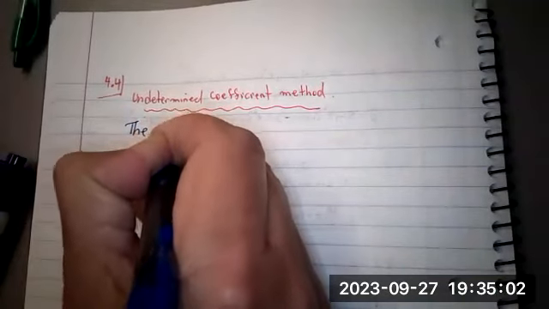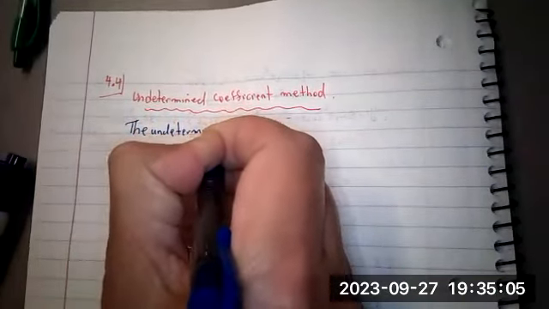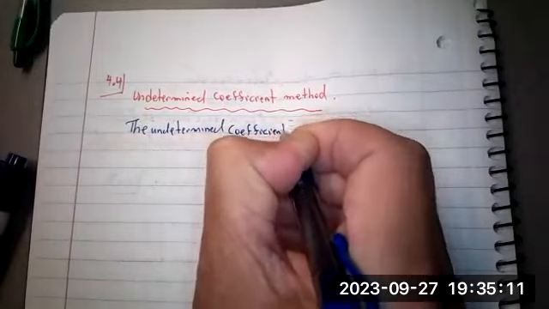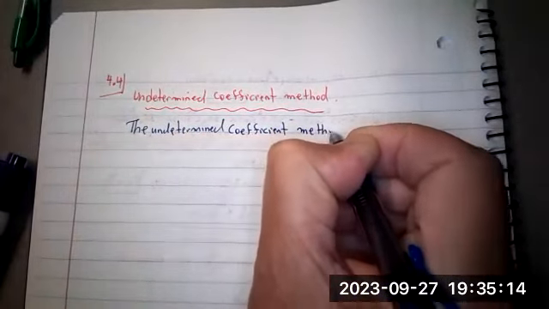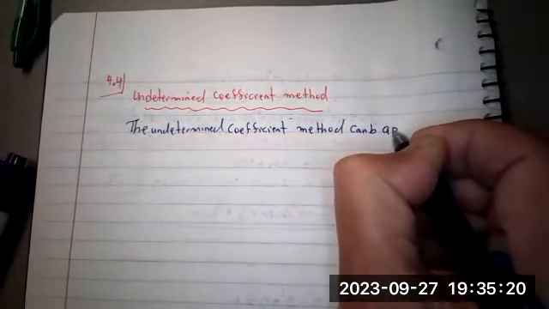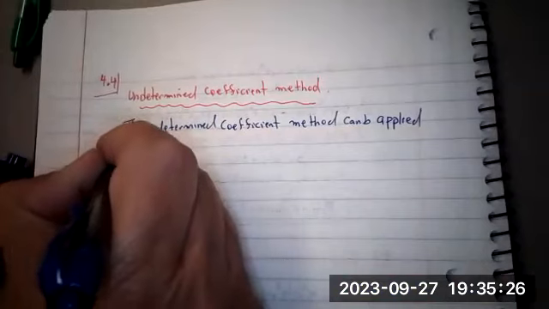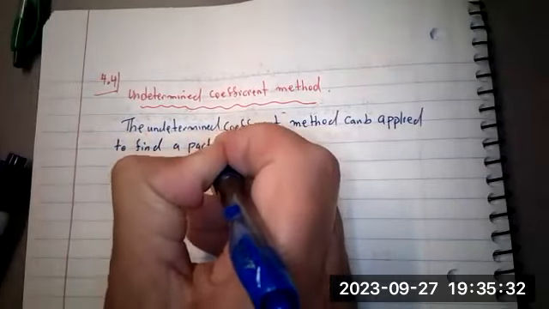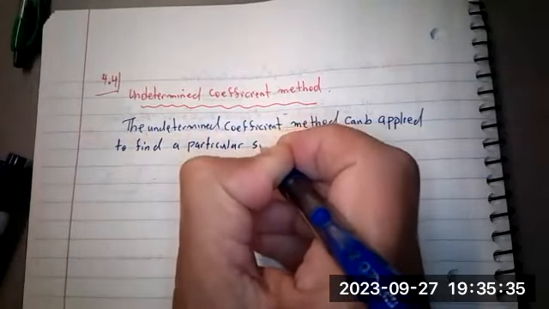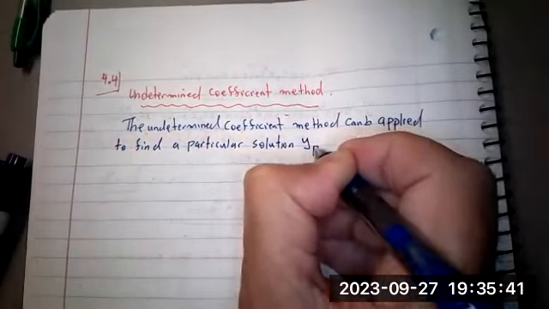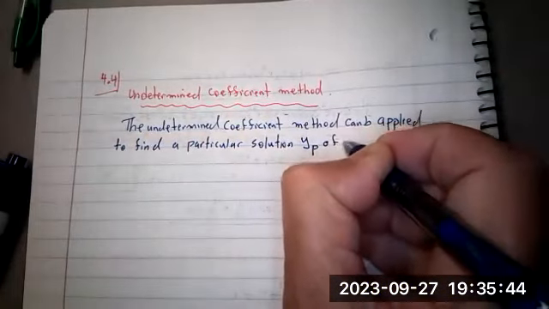This method, the undetermined coefficient method, can be applied to find a particular solution, particular solution YP, of a second order differential equation.